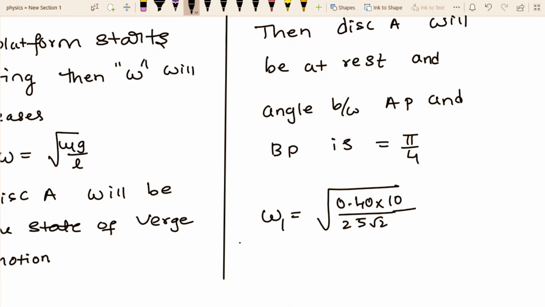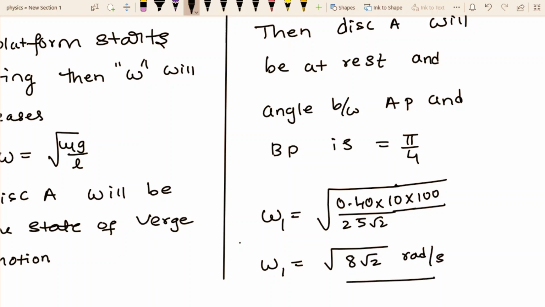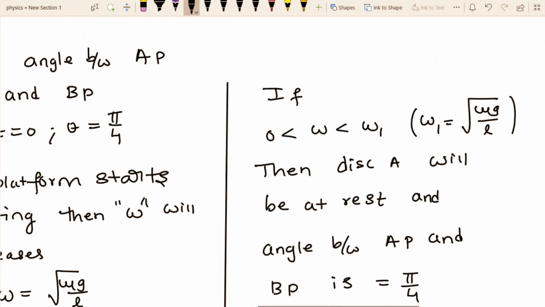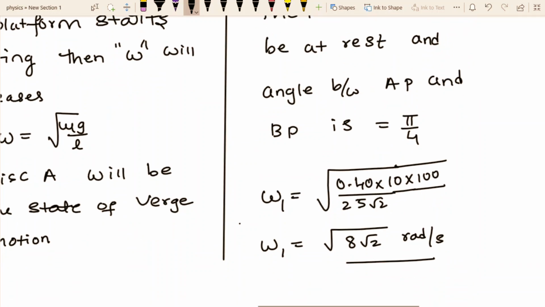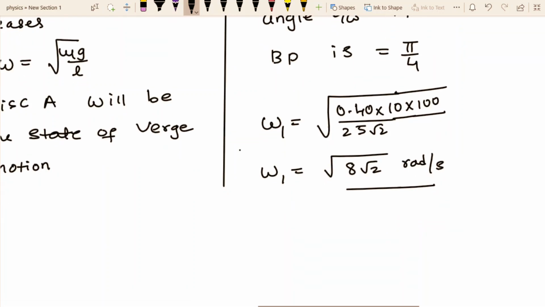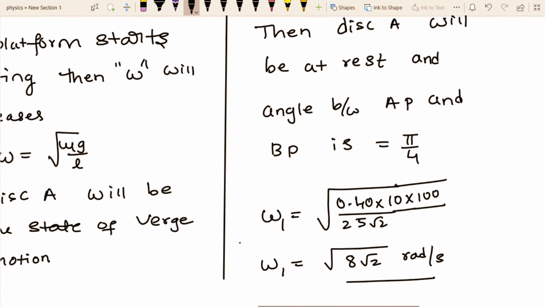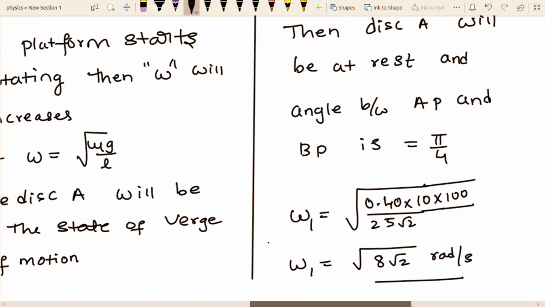You can convert into meters just by dividing by 100, and if you compute this value, omega 1 you are getting as square root over 8 root 2 radian per second. Okay, so this is the value of omega 1, angular speed of the rotation of the platform, up to which disk A will be at rest.